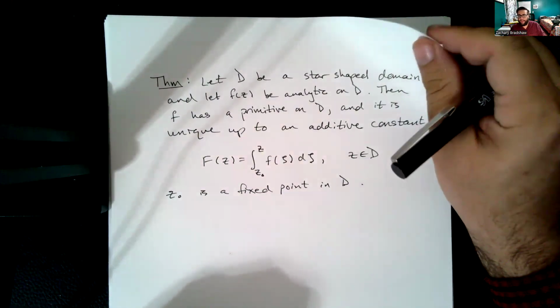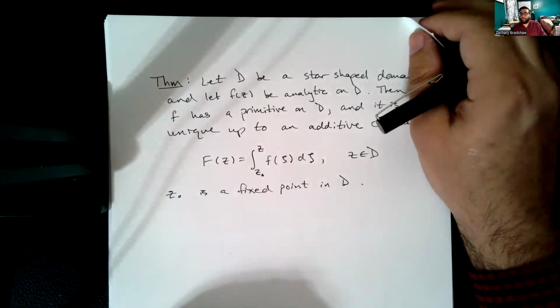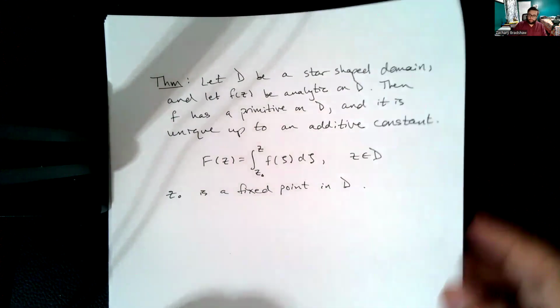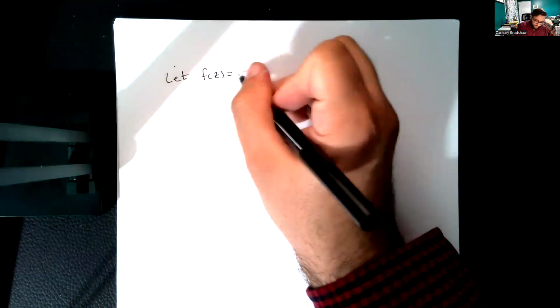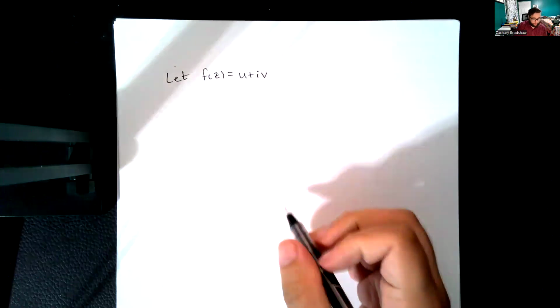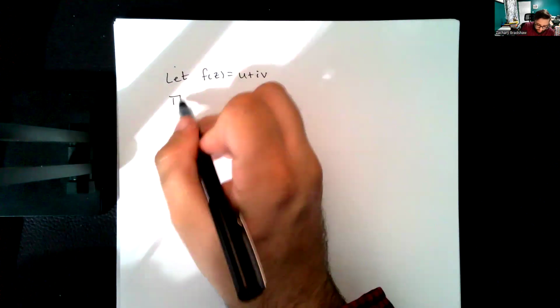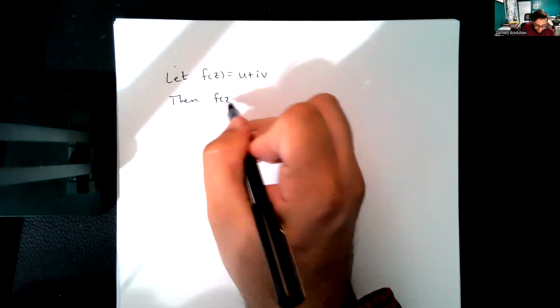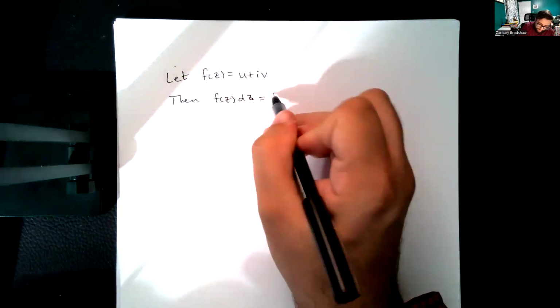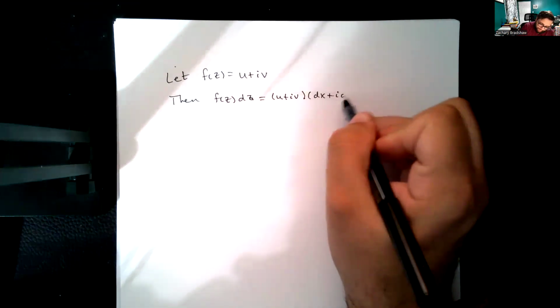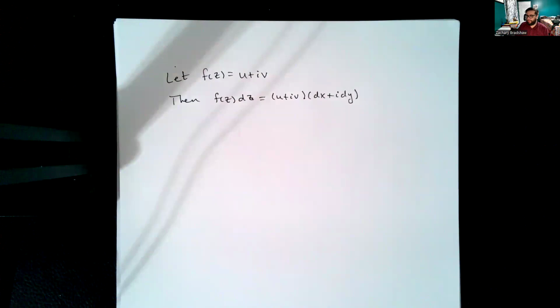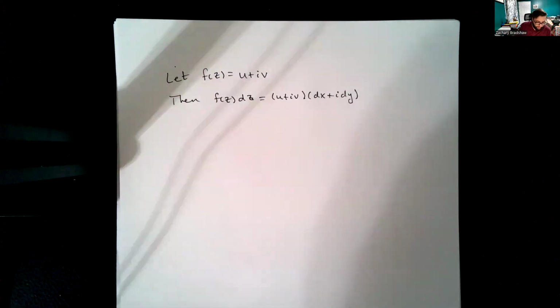Okay. All right. So a lot of the usual things from ordinary real calculus still hold, and that's all these last few sheets were saying. And now I want to move on to something new, which is Cauchy's theorem. So let f of z equal u plus iv. Then we have that f of z dz is (u plus iv) times, we can write the differential in the same sort of way, split it into a real and imaginary part.